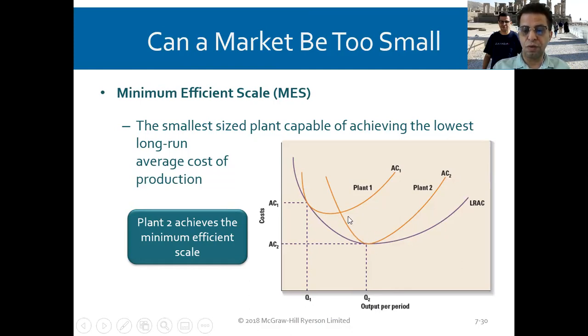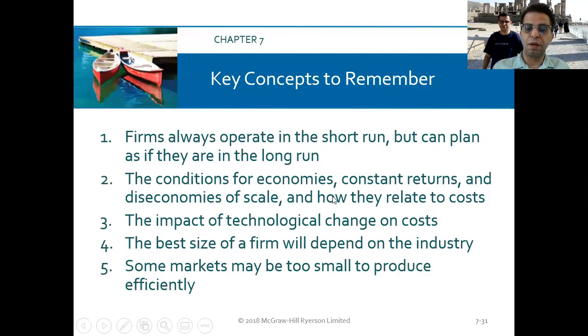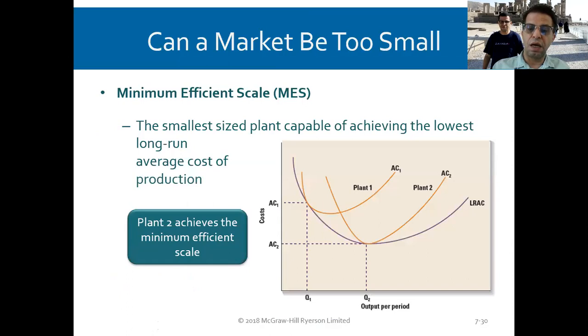So plant 2 is in a better situation than plant 1. But if the market cannot take quantity 2, then you have to go with quantity 1. So the market can be too small, and you have to improve your efficiencies, find somewhere else to export your product, or shrink your production.